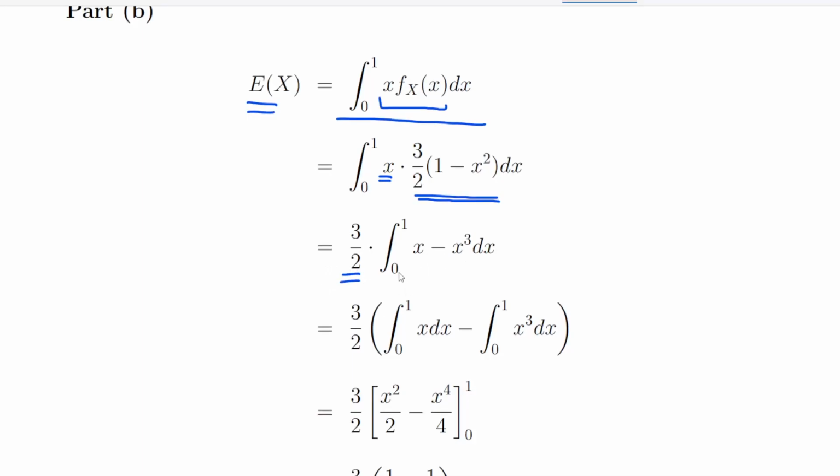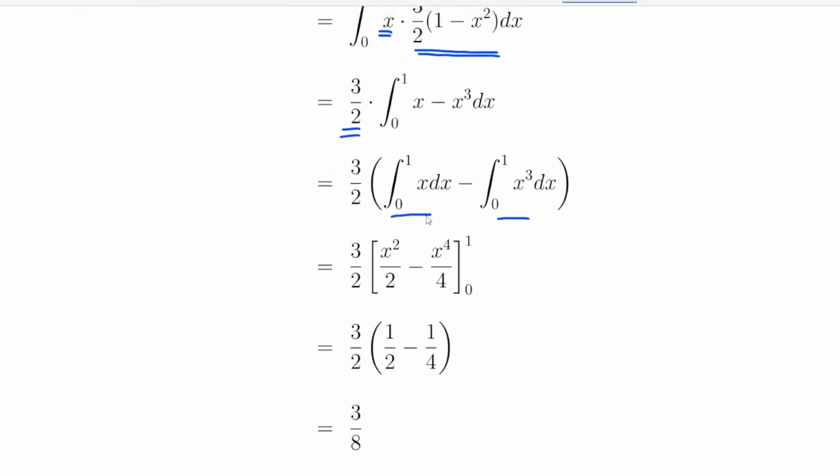What we have there is an integral from 0 to 1 of x minus x cubed, and we can break that into two parts. I'm going to integrate both of these and evaluate them at x equal to 1. We can disregard x equals 0 because we know they're going to work out to be 0.